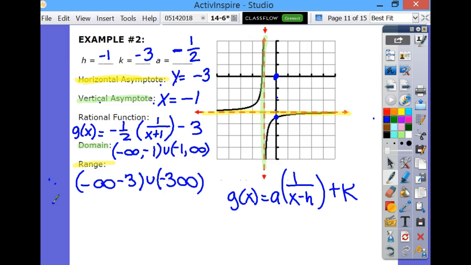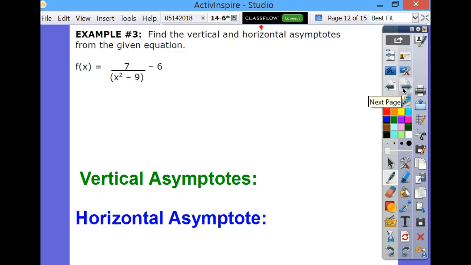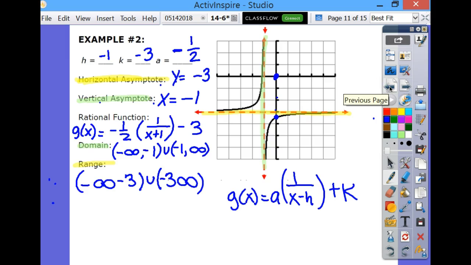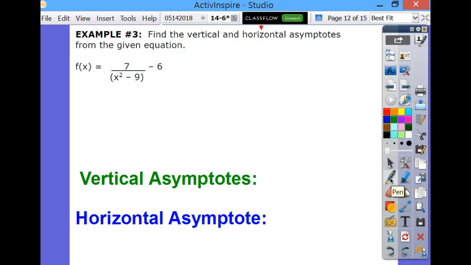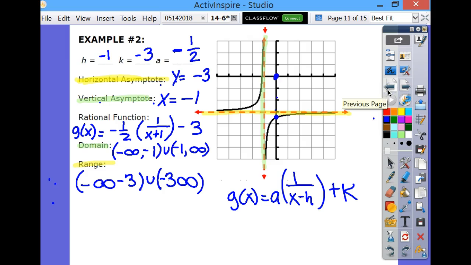Problem number 3 doesn't have a graph, though, does it? Example number 3. How are you going to find these asymptotes without any graph? How are you going to find the horizontal asymptote?